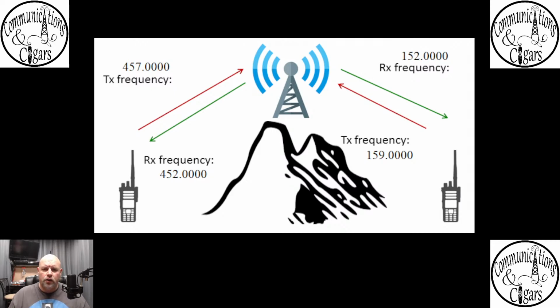Once again, these are just general frequencies for reference. Likewise, the bidirectional simplex repeater covers the bottom frequencies, the 452 and the 159. One goes in on 457 and comes out on 152. The other user goes in on 152 and comes out on 457.